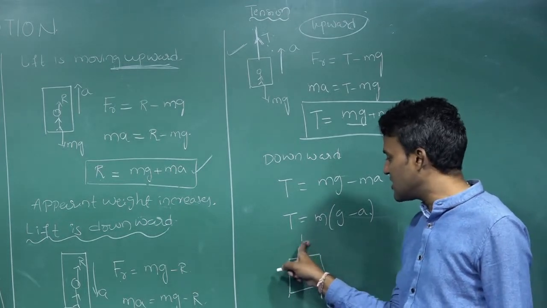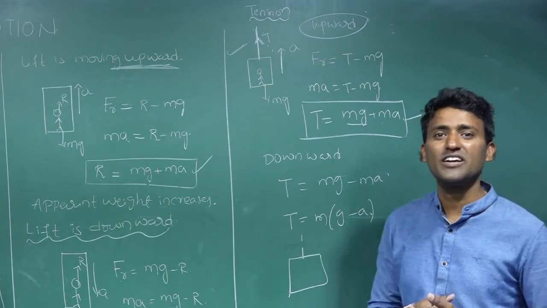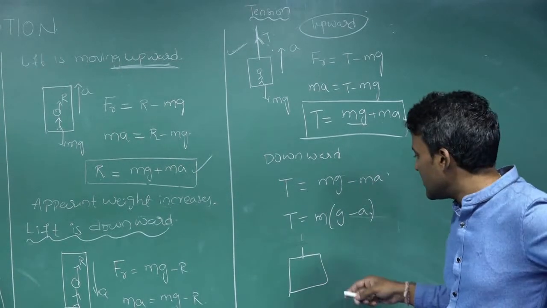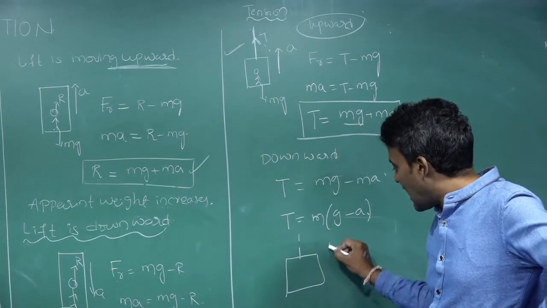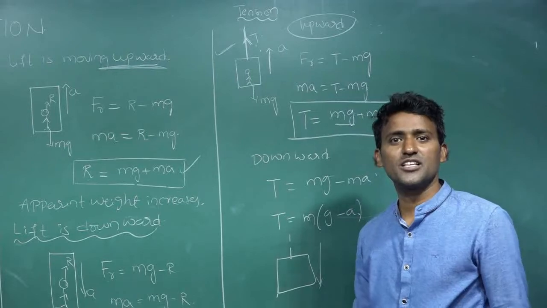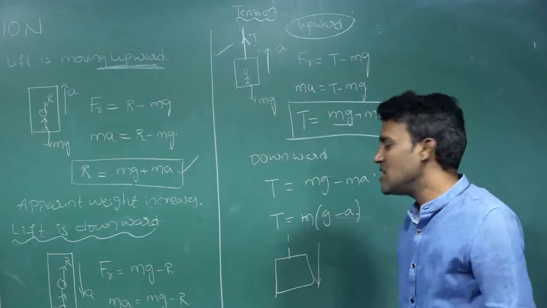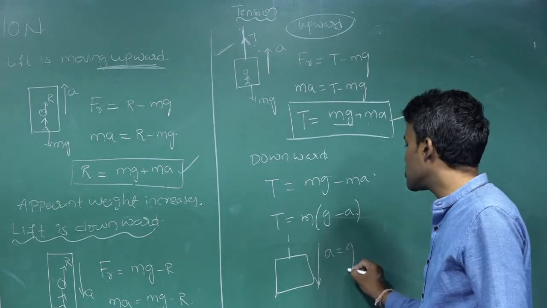When the rope wire is disconnected, what is the tensional force? See here, when they disconnect the rope, it is a freely falling body case. The lift is nothing but a freely falling body. In a freely falling body, acceleration is called acceleration due to gravity.